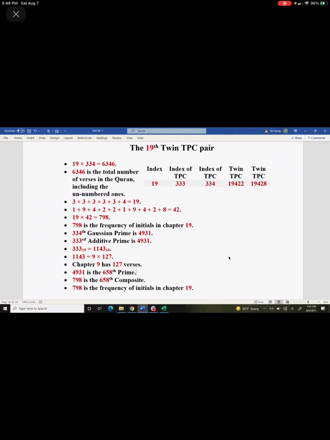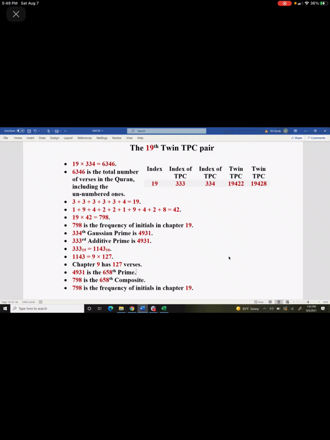Those numbers that I have in this translation of the Quran were not there before. Nobody counted the number of verses from 1:1 to 9:127. Nobody did that. But we have that now. It's right in front of you. You can see it.